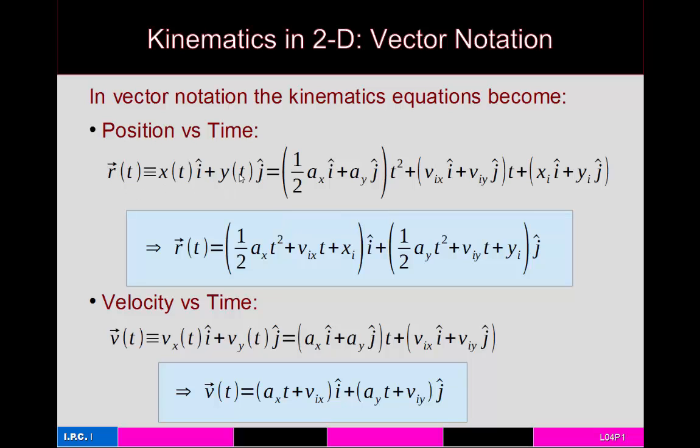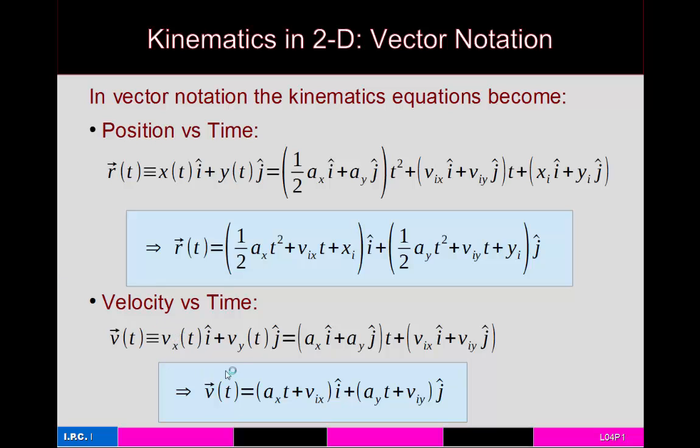And so x of t basically looks like 1/2 a x t squared plus v initial x times t plus x initial. So all of that is times the i hat part. And then likewise, you can have for the y part 1/2 a y t squared plus v initial y t plus y initial times the j hat.